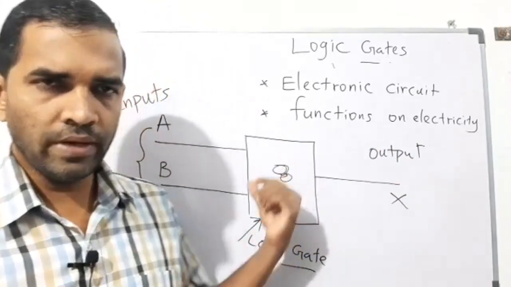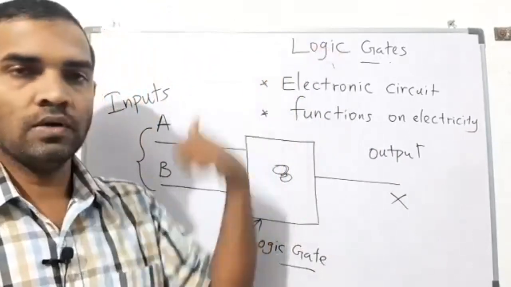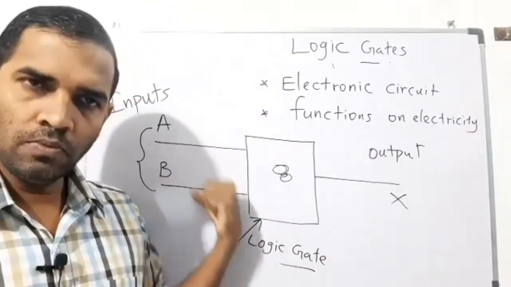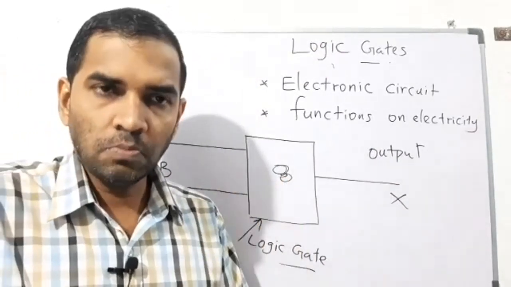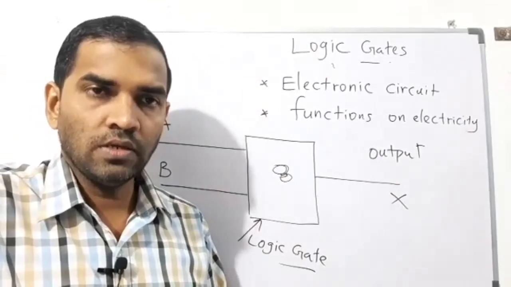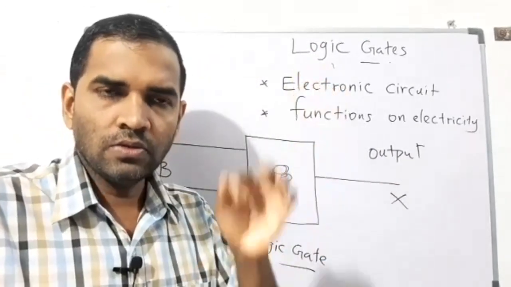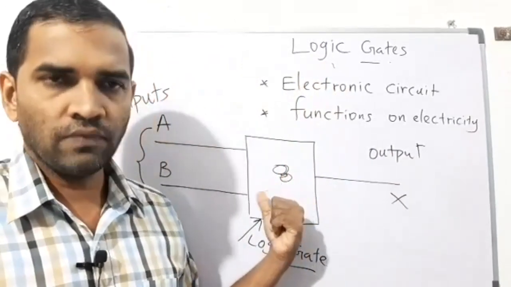So this is the basic diagram, or block diagram, for describing the function of a logic gate. We provide the electricity through inputs. Something will happen inside. We don't know what it is because we have to discuss later; there are a number of logic gates available. When I introduce those logic gates, I can explain the function.